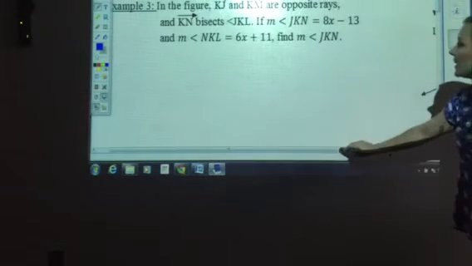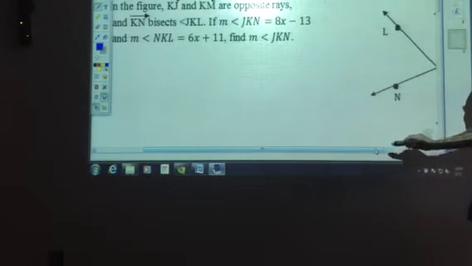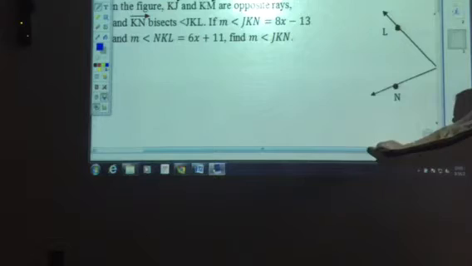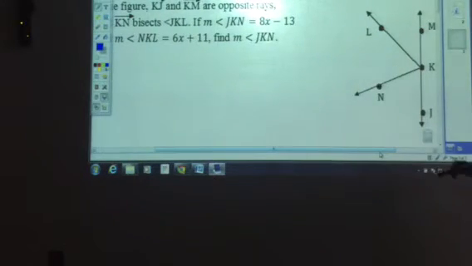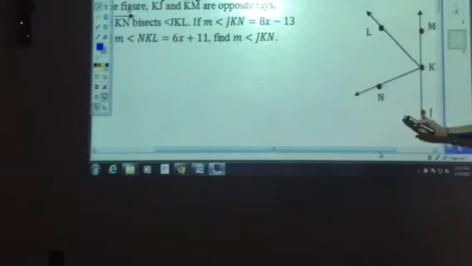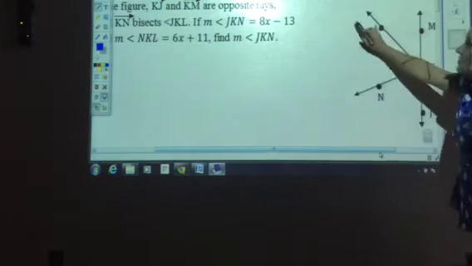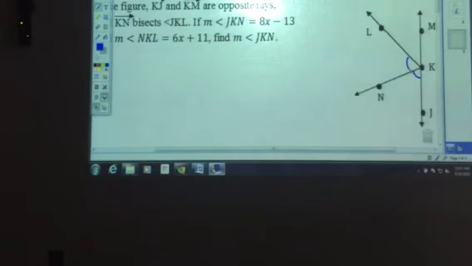All right, so in this problem right here, I'm going to go ahead and leave it big. I'm just going to scoot it over. So it describes these opposite rays, and it says that KN bisects angle JKL. So if it bisects it, remember these two angles are going to be congruent.